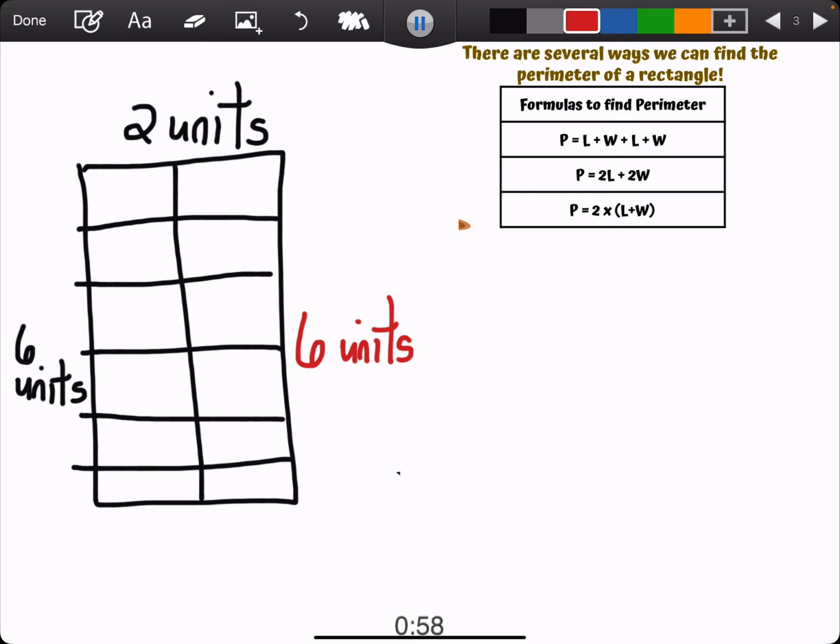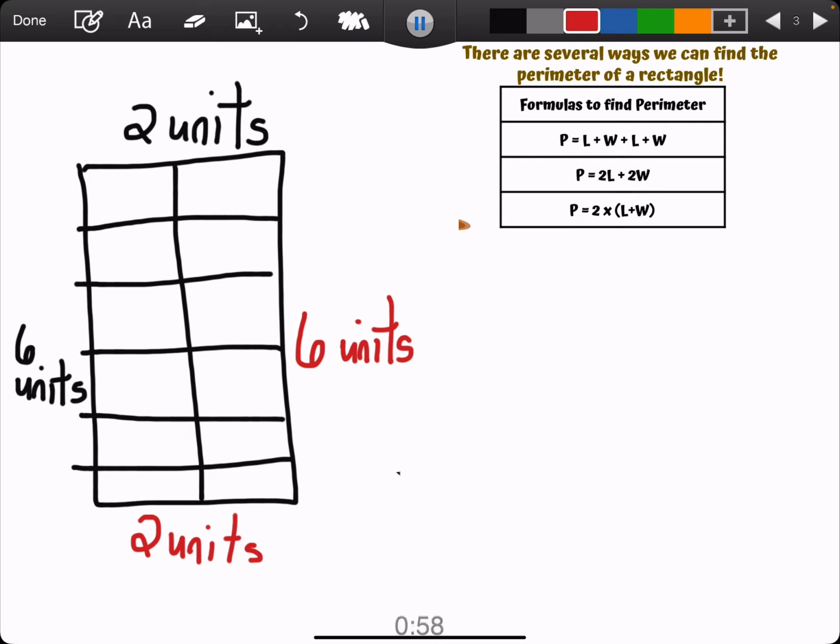And the length of 2 units up top is also 2 units long on the bottom. Over on the right, I put some formulas for perimeter. We could find the perimeter 3 different ways, and all 3 ways will give us the perimeter.